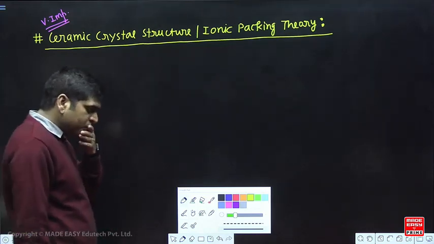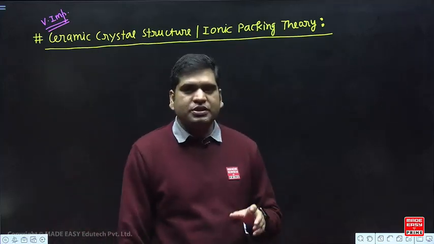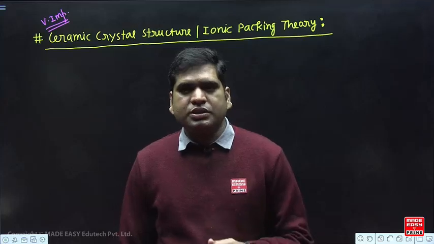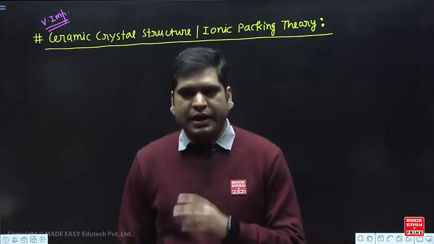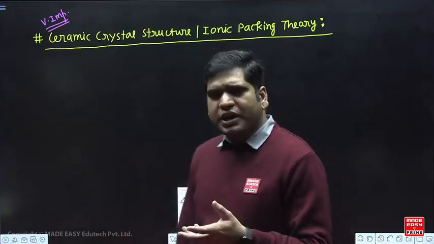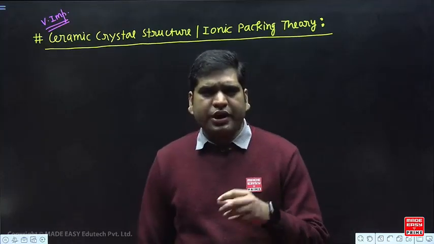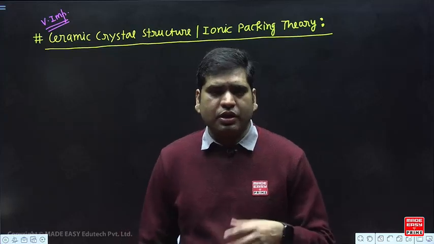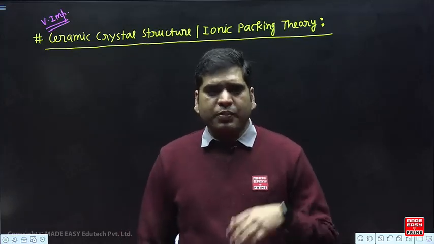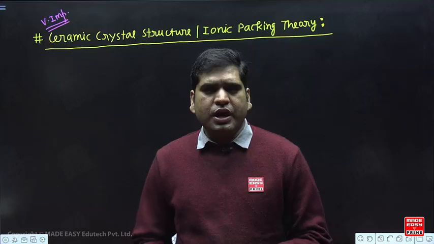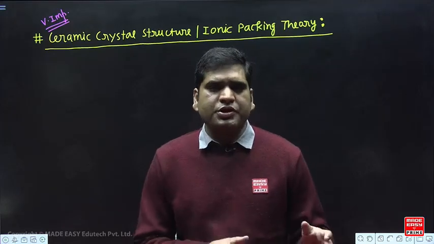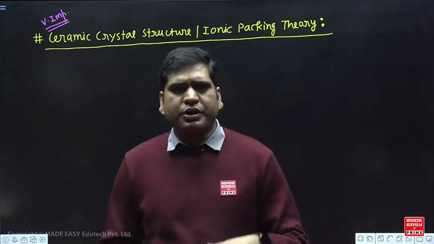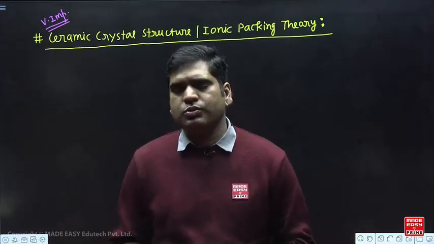Ceramic crystal structure. As we know that ceramic materials are ionic materials, and these ionic materials are generally made of cations and anions. Cations and anions are nothing but charged atoms. When one electron leaves, the atom becomes a cation, and when one electron comes onto the atom, it becomes an anion. But for the simplicity of analysis, we assume that the whole crystal is made of cations and anions instead of atoms. We do not talk about atoms; here we will be talking about ions only.